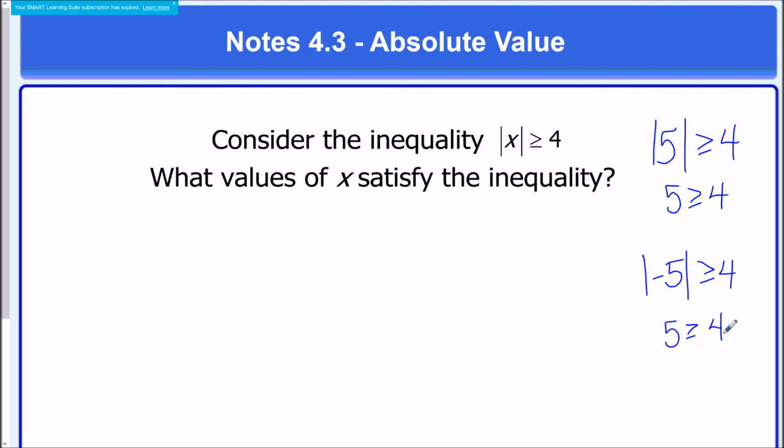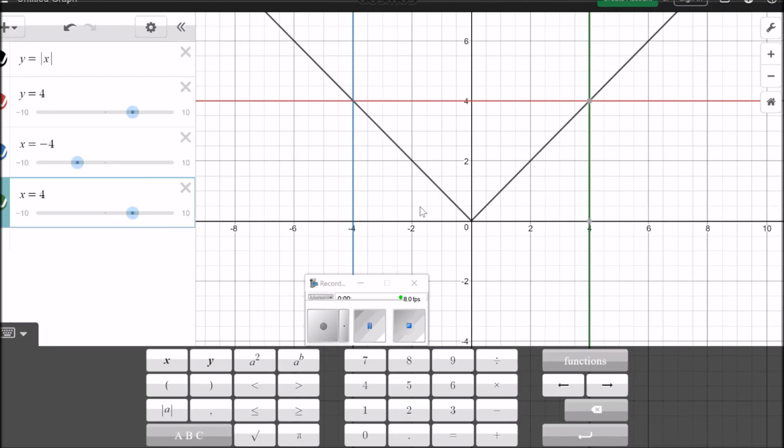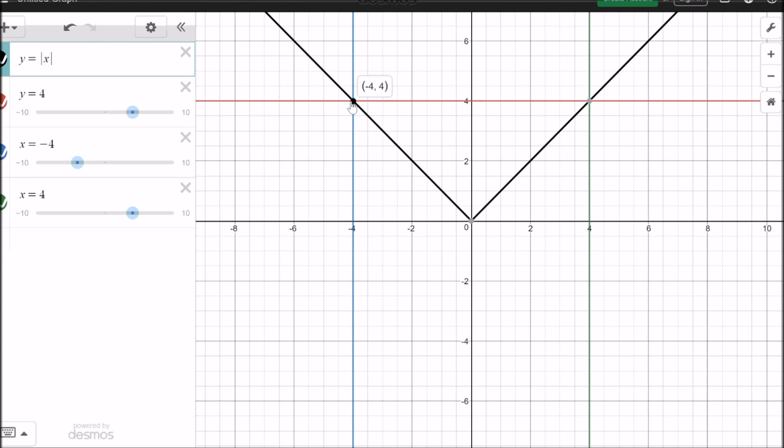So if I were to look at this graphically again, I would see right here that anything to the left this time of my intersection point shows that the absolute value this time is greater than or equal to 4, and anything to the right of my intersection point will show that the absolute value of x is greater than or equal to 4.